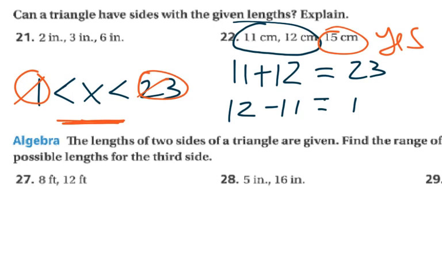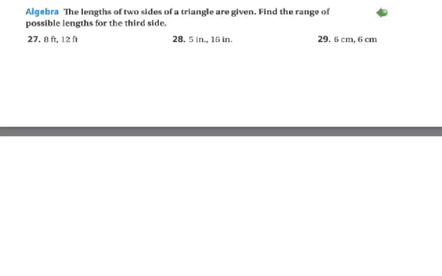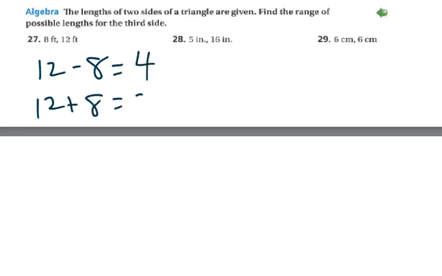Okay, so when they give you two sides of a triangle and they ask you what is possible for the third side, we do the exact same work that we just did. We subtract them and we add them. So we do 12 minus 8, and we do 12 plus 8. So we get 4 and we get 20.